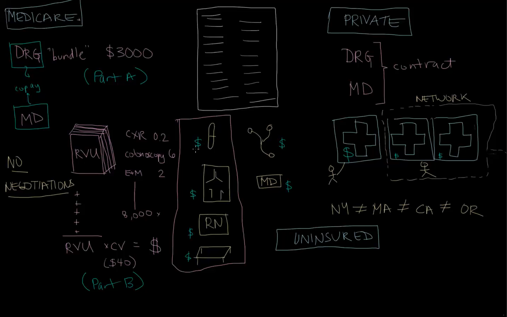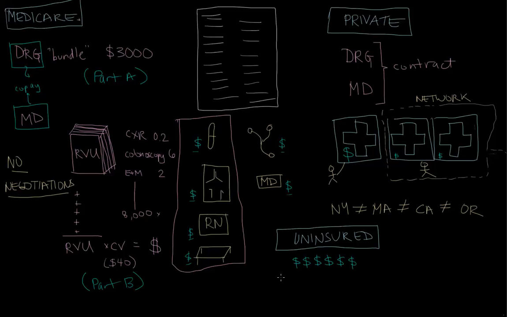Remember how we talked about how you have all these little prices here? Medicare and private insurers bundle a lot of that together, and they have these sort of negotiated prices. Uninsured people have none of that. So that bill you get is a list. Every single line has a different price.